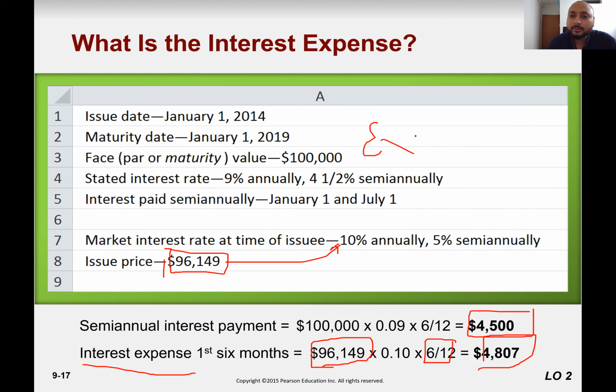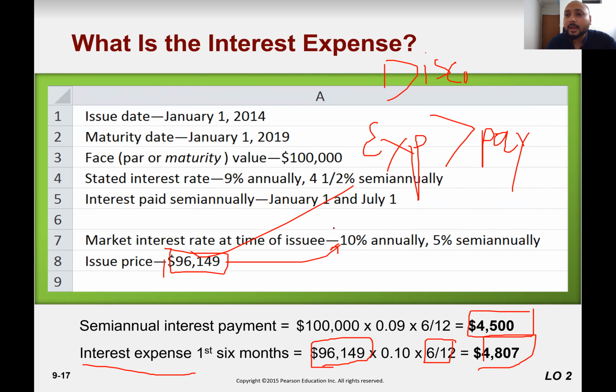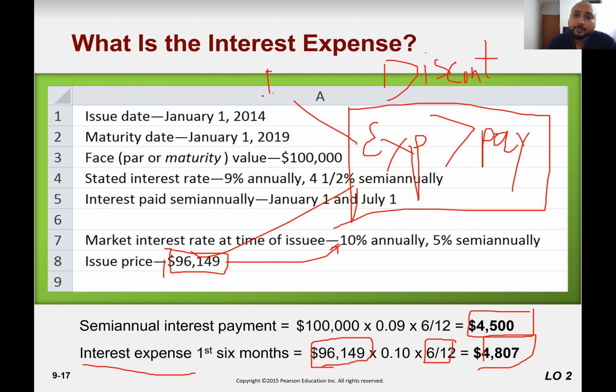Interest expense is greater than interest payment. So whenever there is a discount case, remember that your interest expense that will go to the income statement will be greater than the interest payment, which is the actual cash payment, because interest expense is based on the market interest rate.